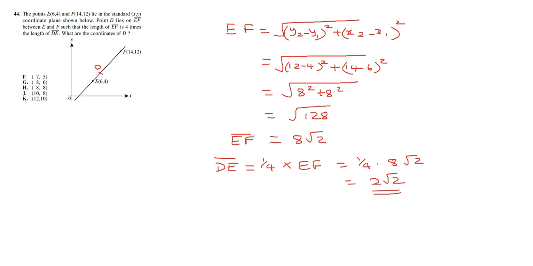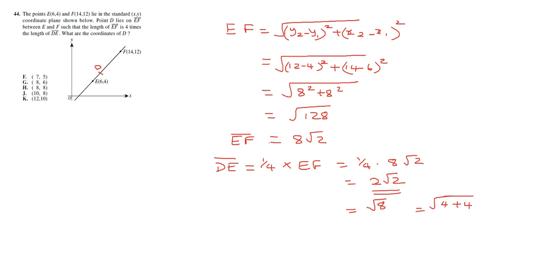For you to get 2 square root of 2, it's going to be the same as the square root of 8. So what we're going to have is the square root of 4 plus 4.